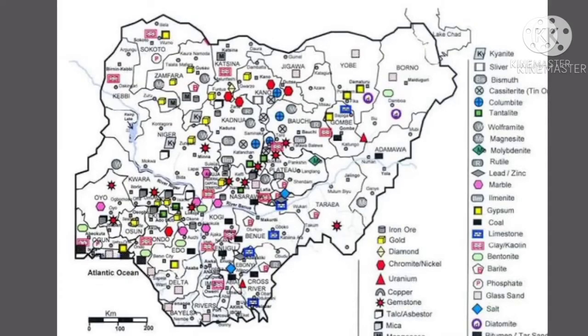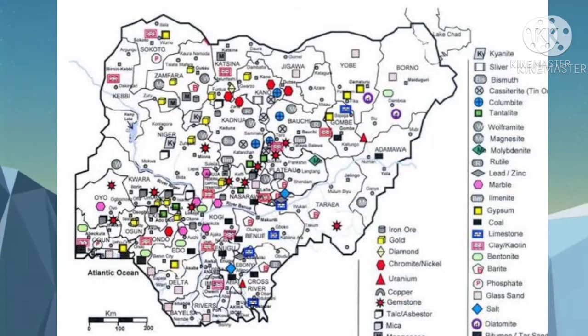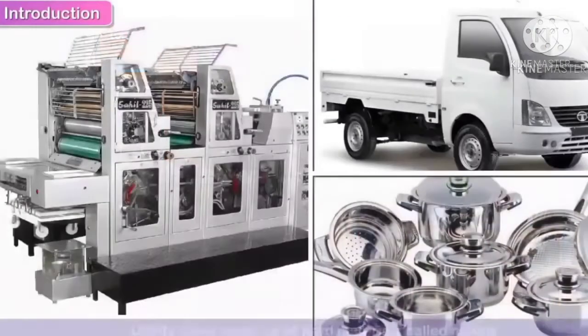Okay, now that's a map of Nigeria showing the various regions where you can find those mineral resources, and beside it there's the key to where these mineral resources can be found. The things we use in our daily lives are made up of different materials. As you can see in the images before you, different items are used in our homes.